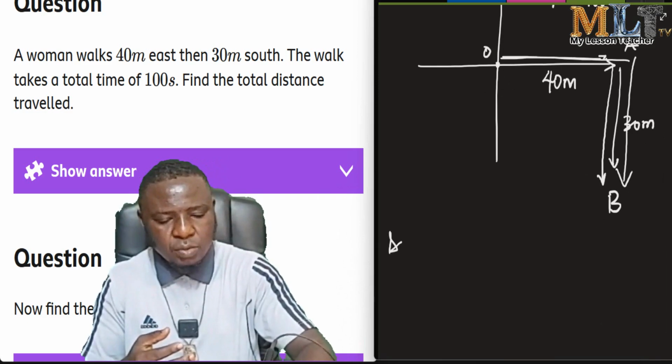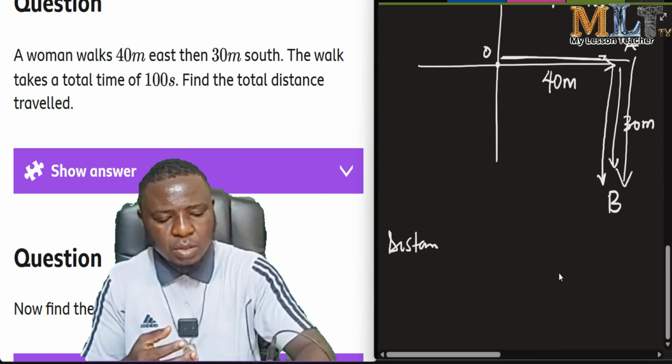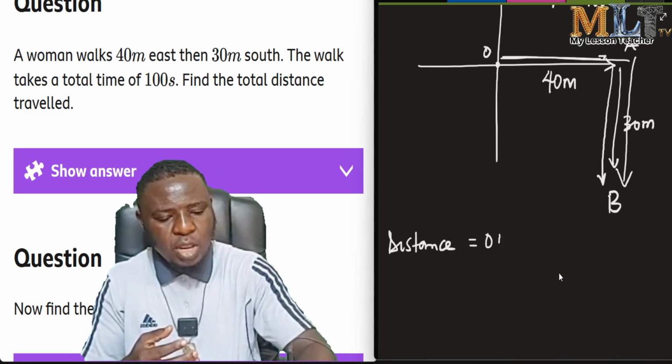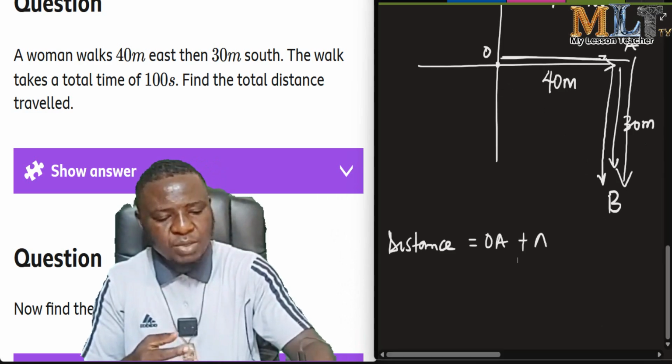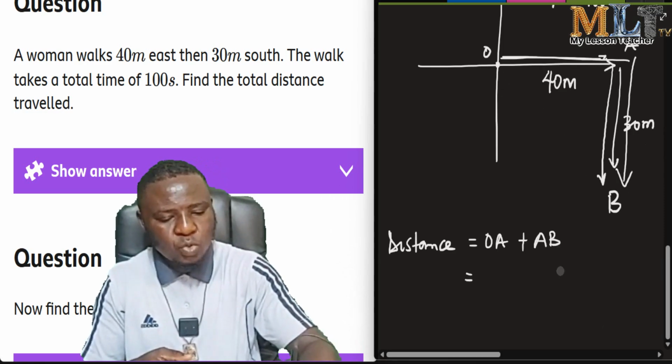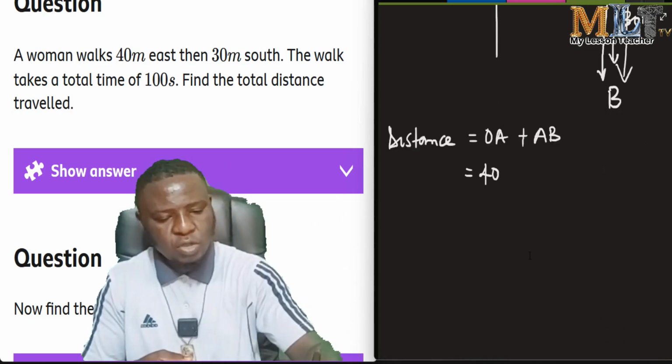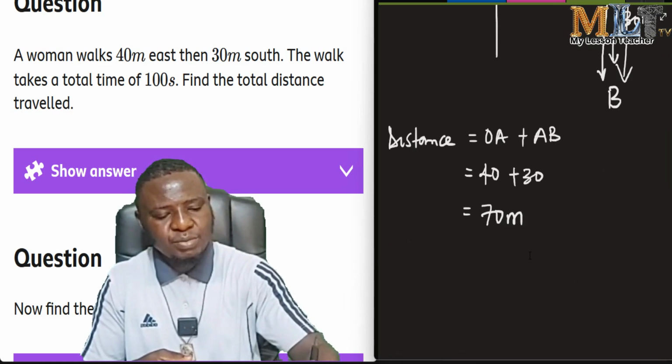So the total distance traveled will be equal to OA plus AB, which is equal to 40 plus 30 meters, which is equal to 70 meters.